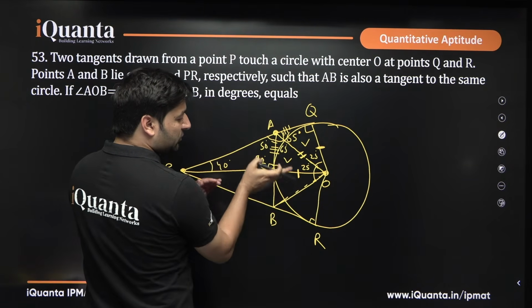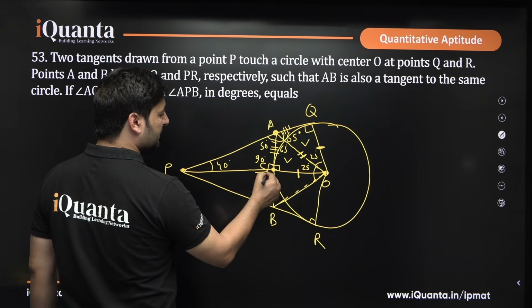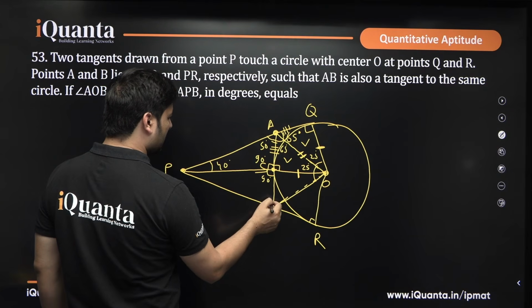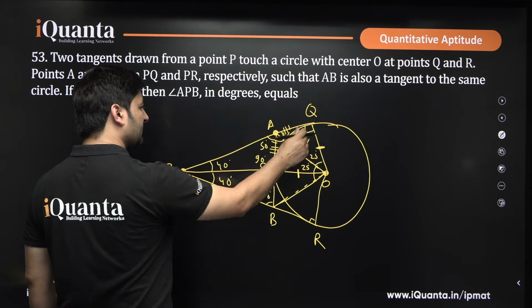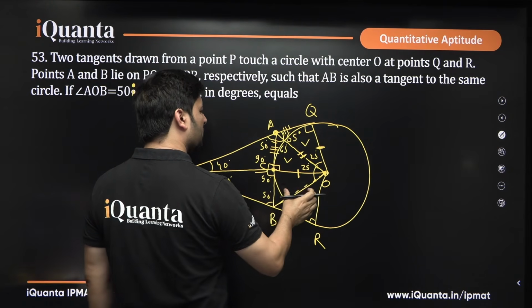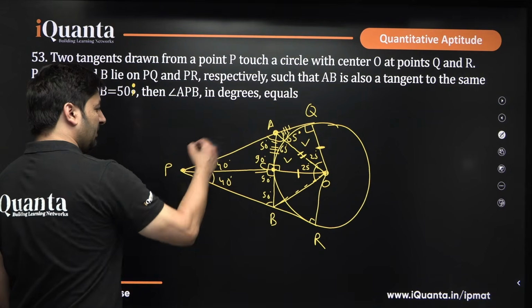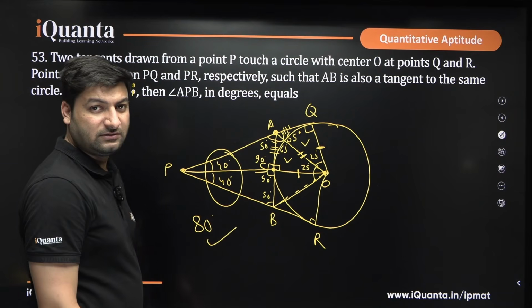The same is going to happen with the portion below. These two triangles will be congruent, this will be 90. In the same way, this will also be 50 and this will become 40. Do the same that I did above for this portion, 40, 40, you need the value of APB. So APB is basically 80 and 80 is your answer.